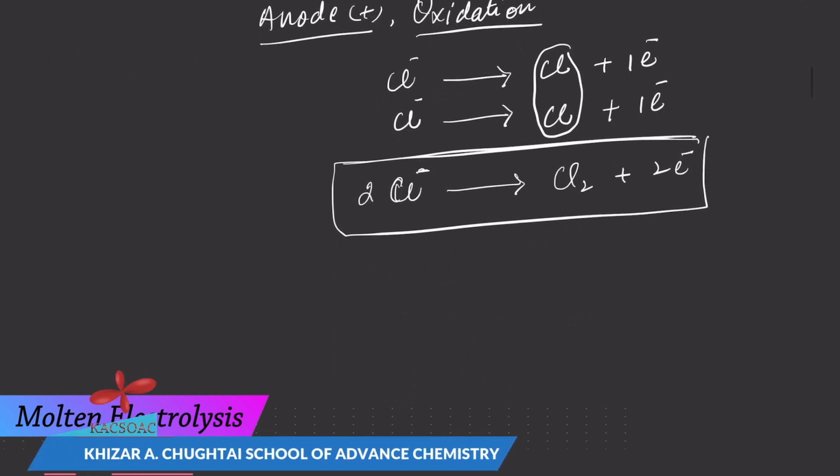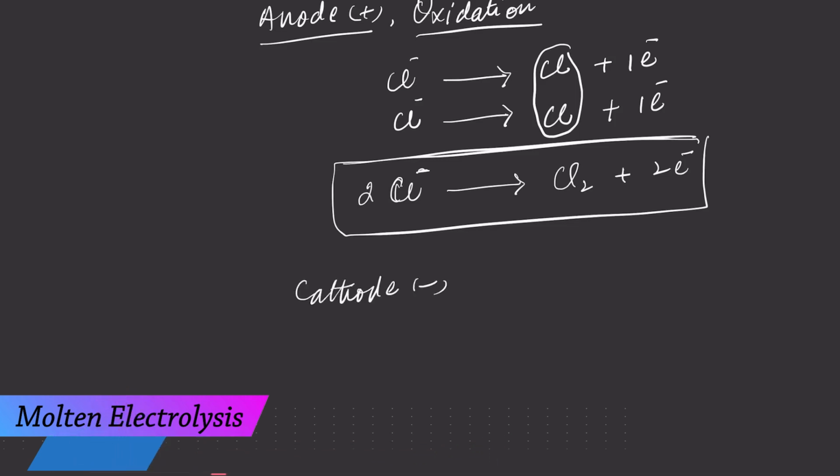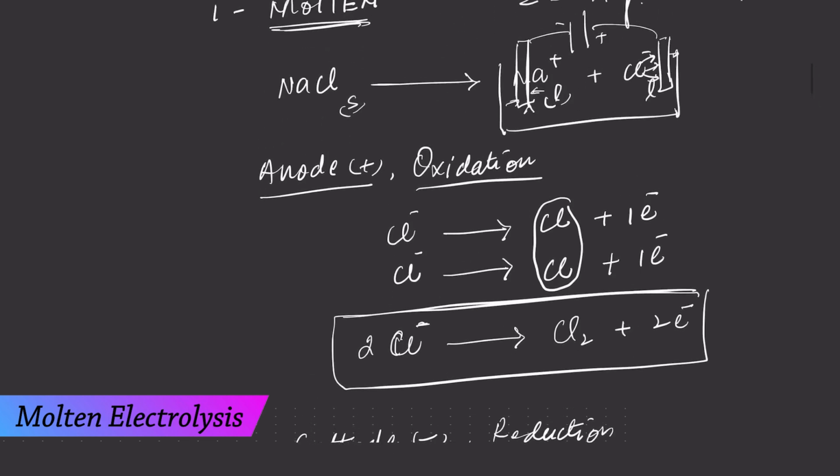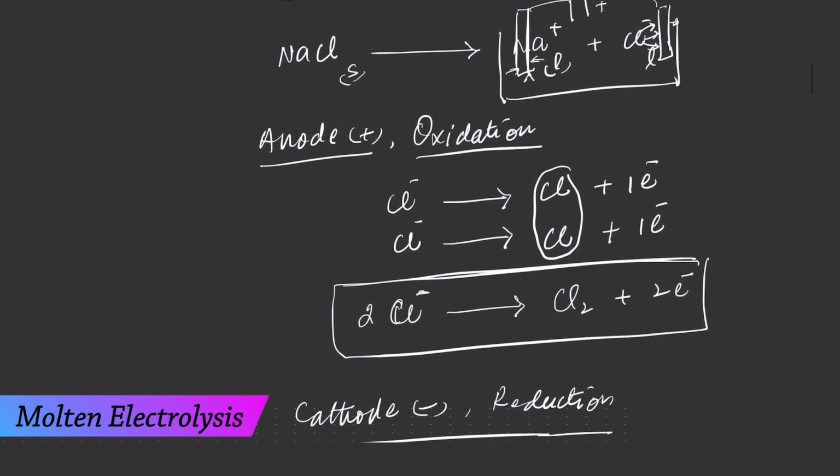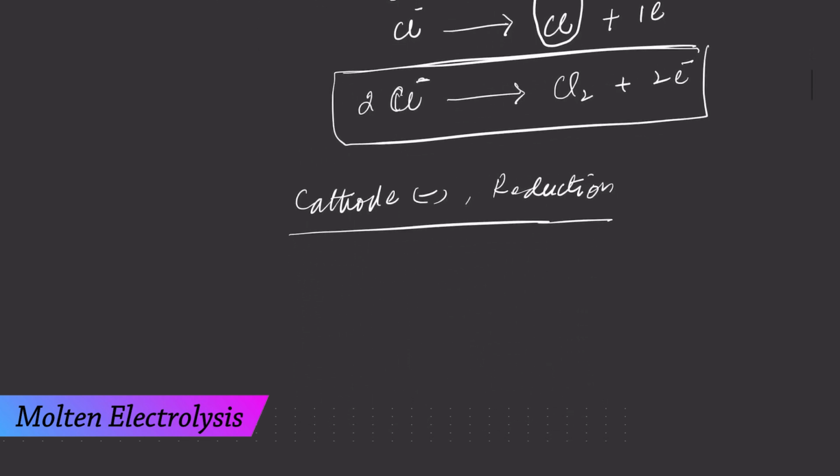Same is the case with the sodium ion, which will move towards the cathode, the negative terminal, where reduction occurs. In this experiment we have molten NaCl.